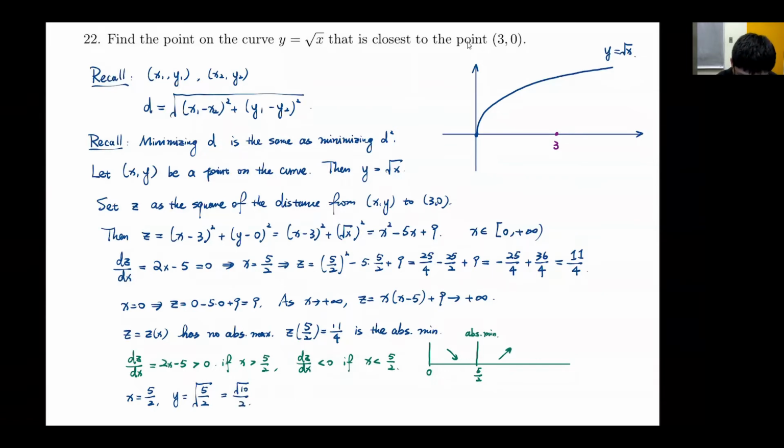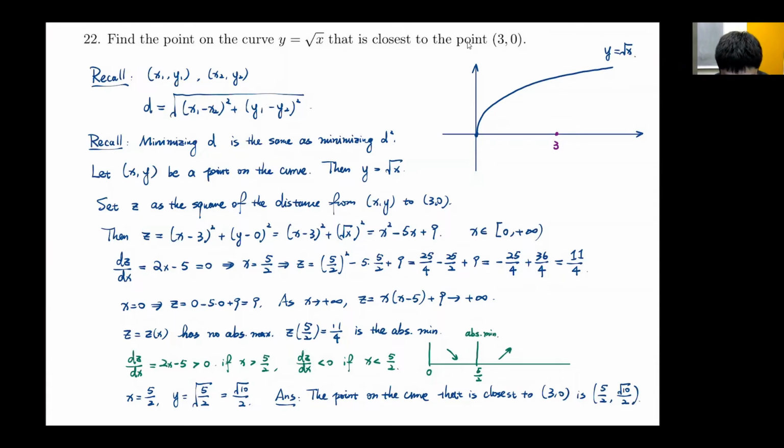With this y coordinate, we can formulate our answer: the point on the curve that is closest to the point (3, 0) is (5 over 2, root 10 over 2). Okay, so that will be the answer to this problem.